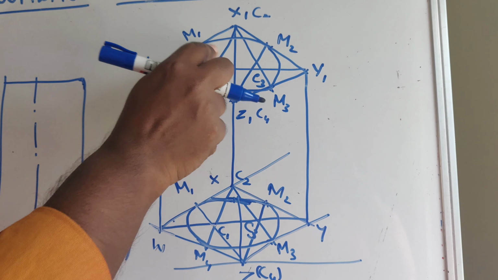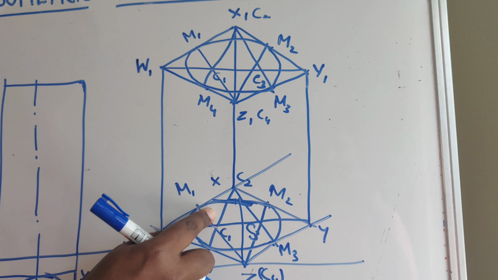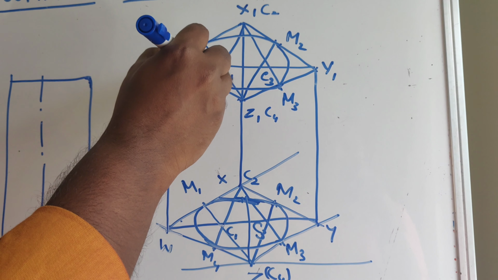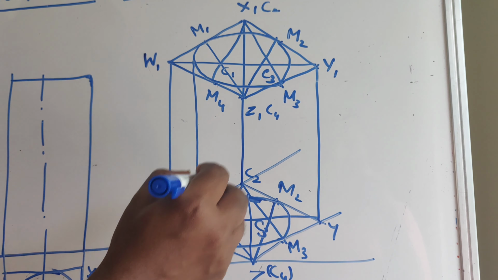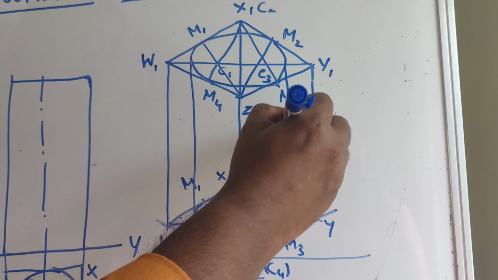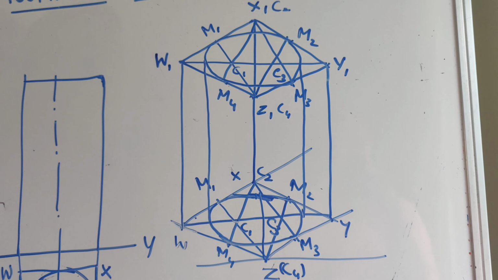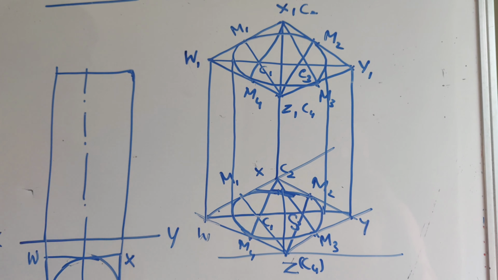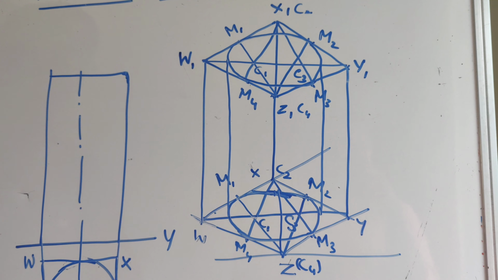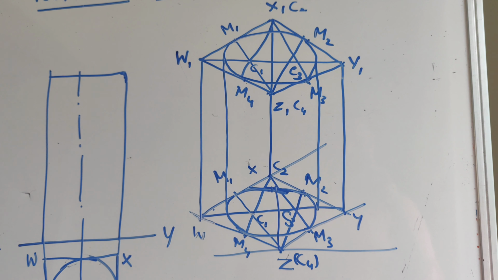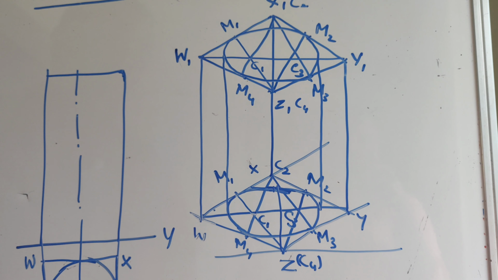This is the top base and this is the bottom base. Now we will check the visibility, or you can connect the extreme ends. So that will give you the lateral sides, or the boundaries of the cylinder. Now we will try to draw the visibility.